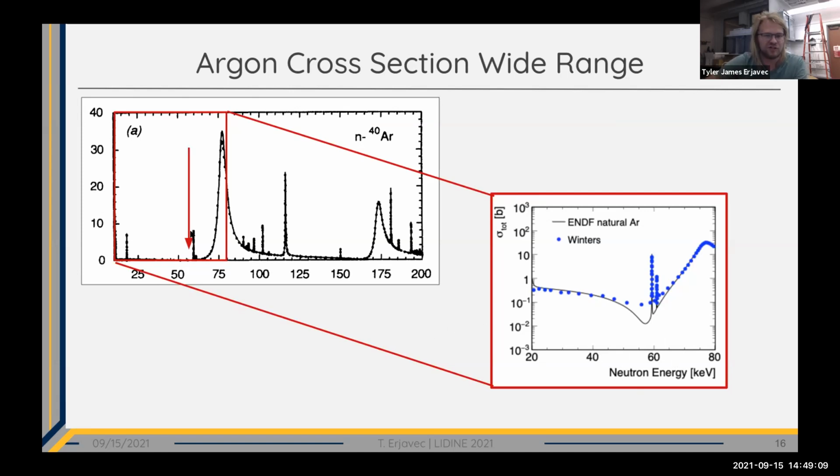Because they used such a thin target, with a column density of 0.2 atoms per barn, they weren't sensitive enough to low cross-section features. That's why we upped our column density to 3.3 atoms per barn, which allowed us to resolve this much better. Does that answer your question?